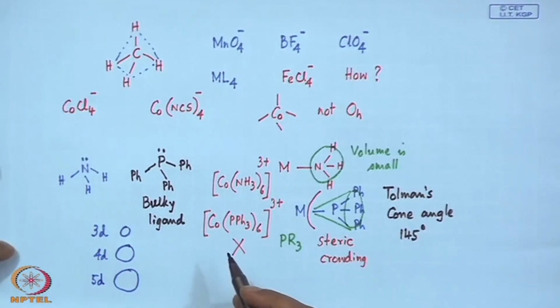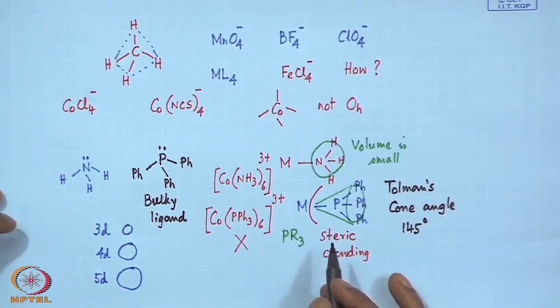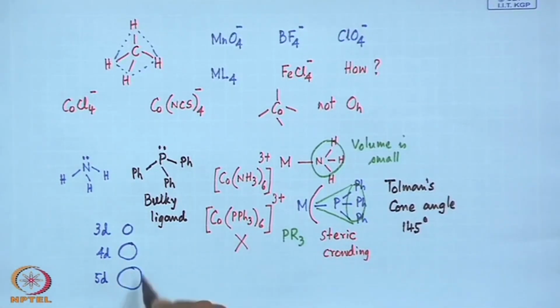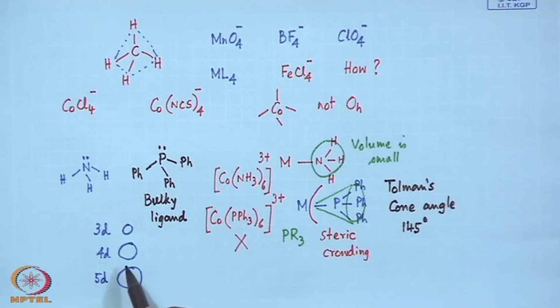So, when we move to 5d, we have the bigger size of the metal center, but it is not possible to accommodate this number of phosphine ligands surrounding these metal ions.